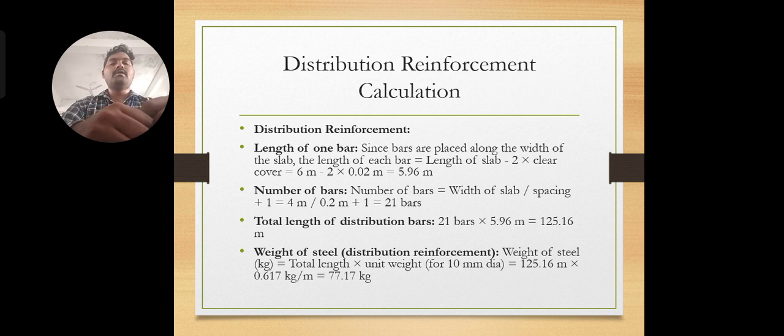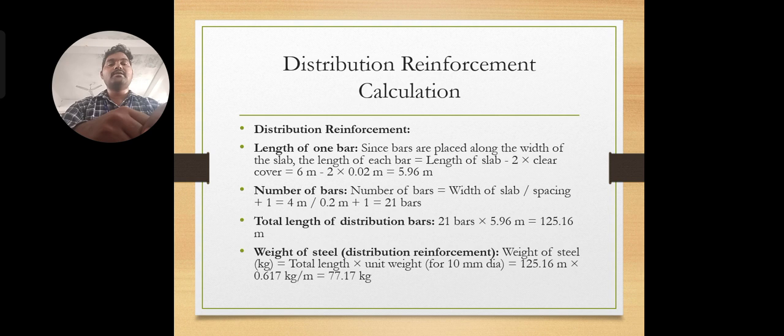And now the total length of the bar. How can we calculate the total length of the distribution bars? That is the number of bars multiplied by the length of the one bar, that is 21 into 5.96, which is equal to 125.16 meters.